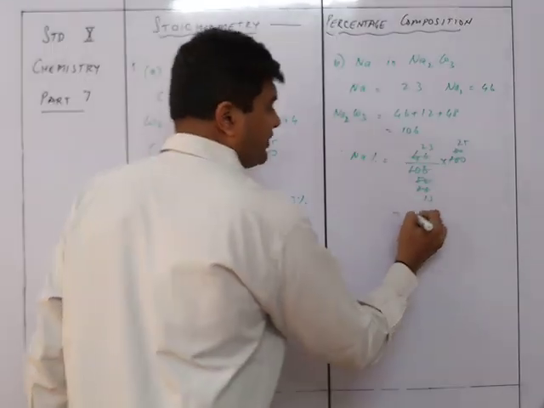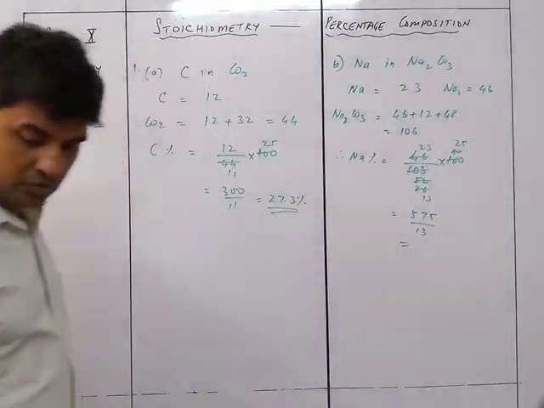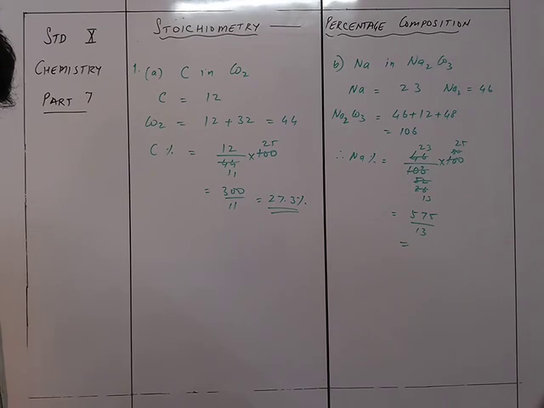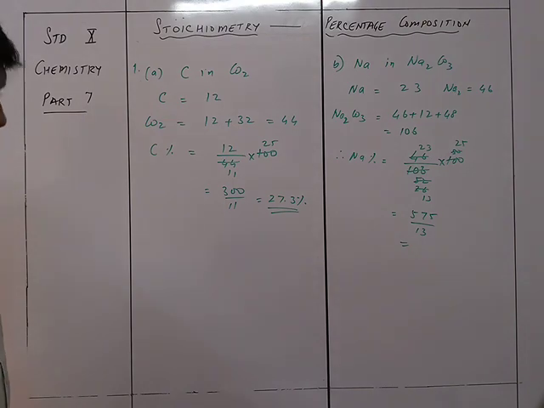So that will be 575 upon 13. That will be 44 point something.